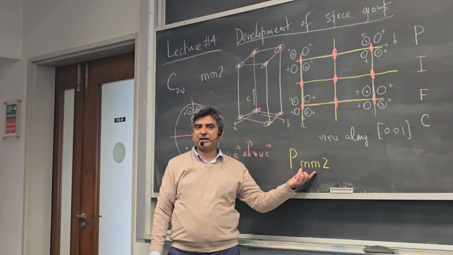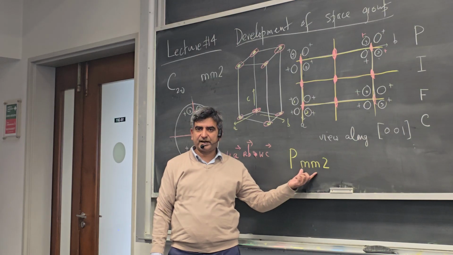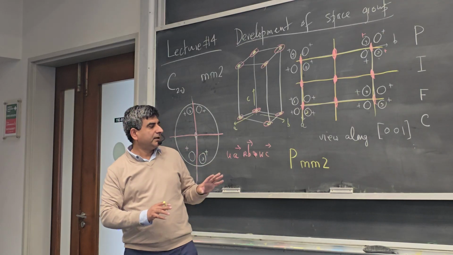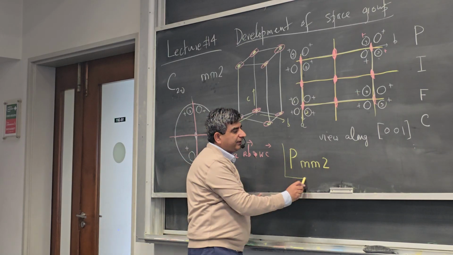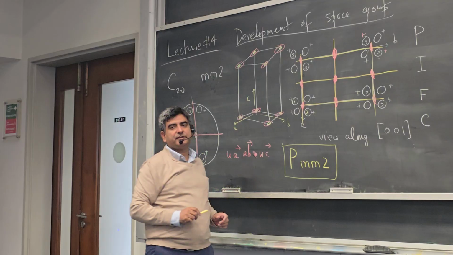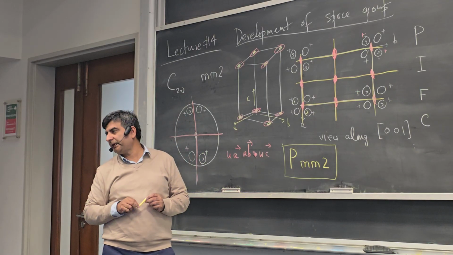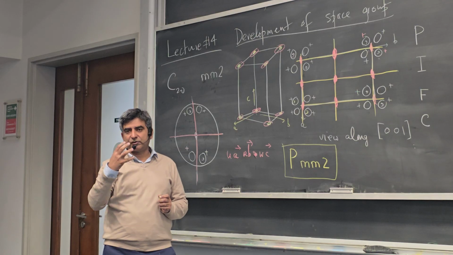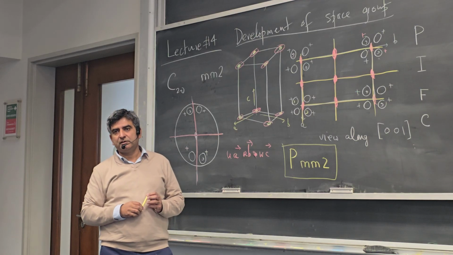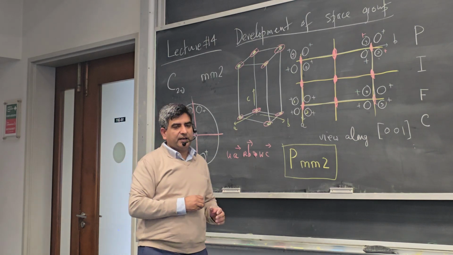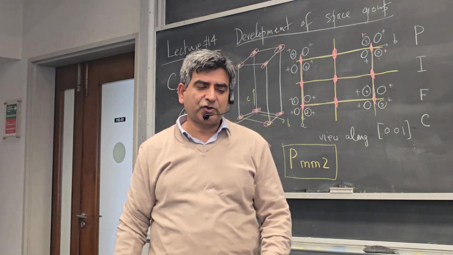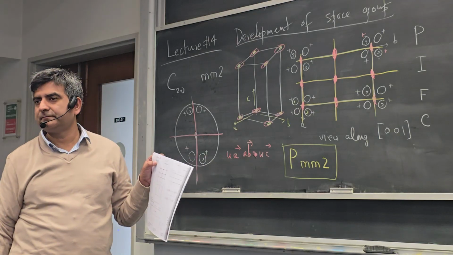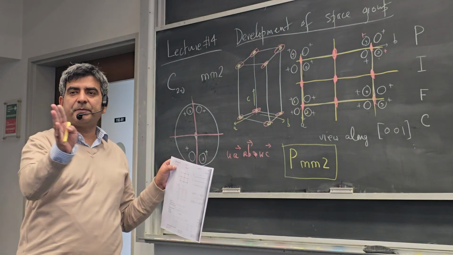Likewise you can have Cmm2, we will discuss that in a minute. So this is how this space group is formed. This is the complete international name for this space group, Pmm2. P is primitive, mm2 tells us that it's an orthorhombic space group. For easy identification, it's also given a number. The number is 25. There are 230 space groups.